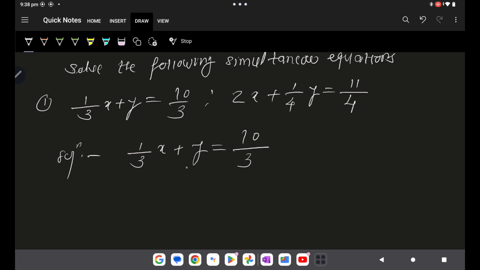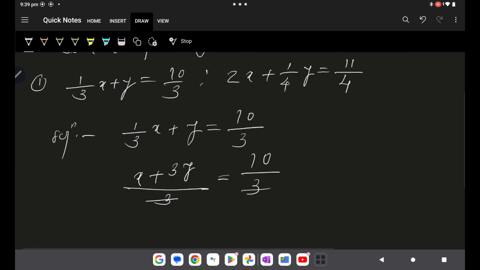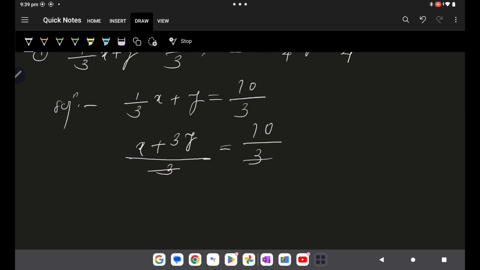The denominators are different, so cross multiply: 1 into x, x as it is, plus 3 into y, 3y, upon the multiplication of denominators 3 into 1, so 3, is equal to 10 upon 3. Then the 3s cancel. Therefore x plus 3y is equal to 10. This is equation number first.